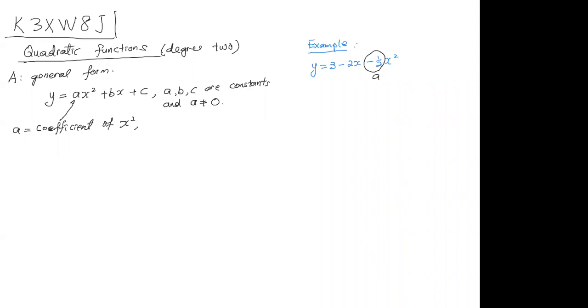So we know that if a is greater than 0, the shape of the curve is a smile. If you got a lot of money in your pocket, in your bank, you sure smile, am I right? If the coefficient of x squared is less than 0, it can be a decimal.